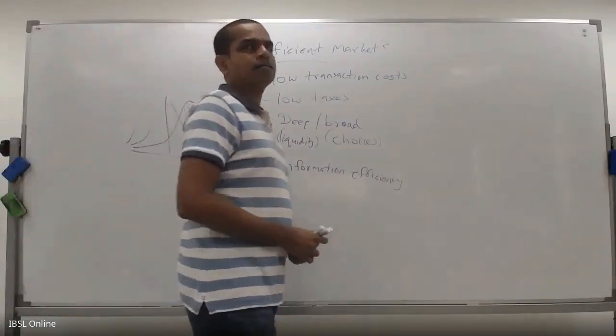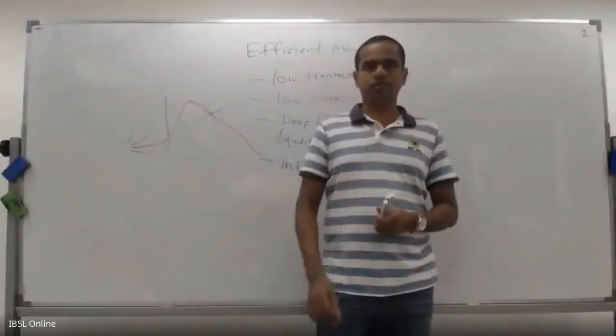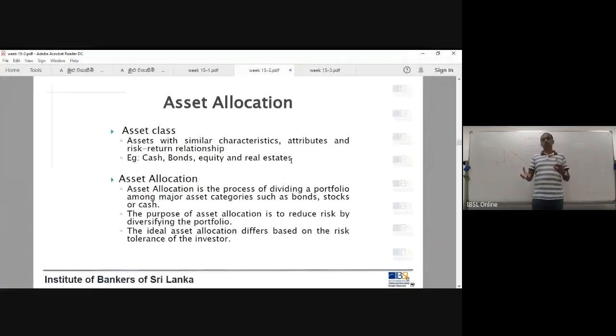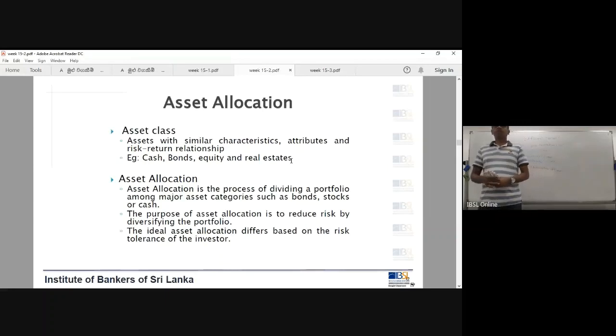For example, currencies: you have sterling, Australian dollar, New Zealand dollar, Canadian dollar, US dollar. Then bonds, government bonds, maybe treasury bills, equities, real estate. There are similar characteristics in each of these assets. They're called asset classes.